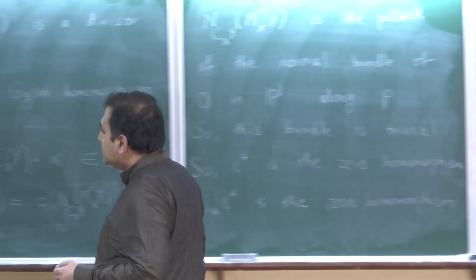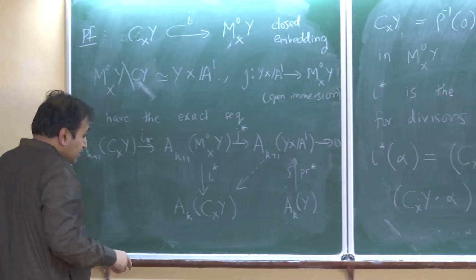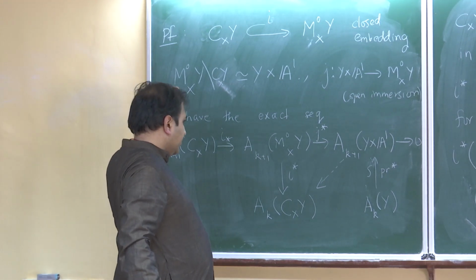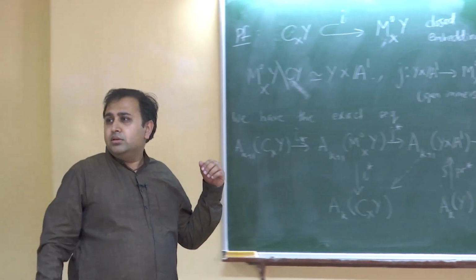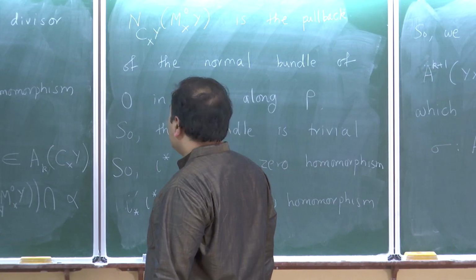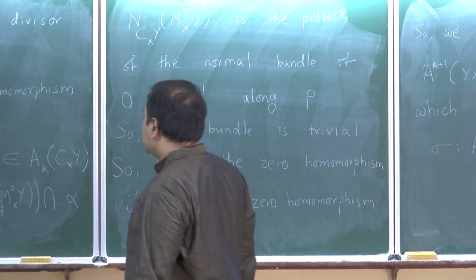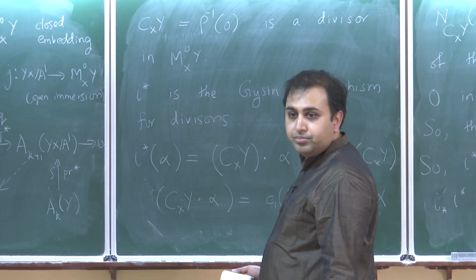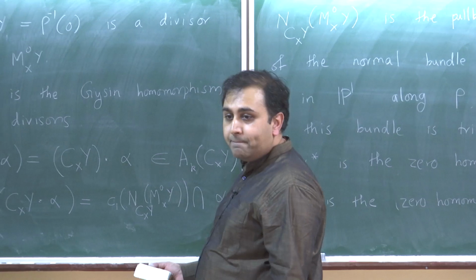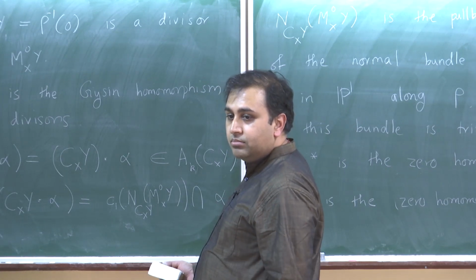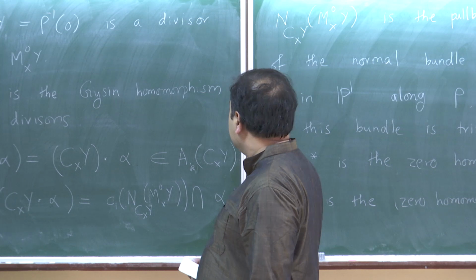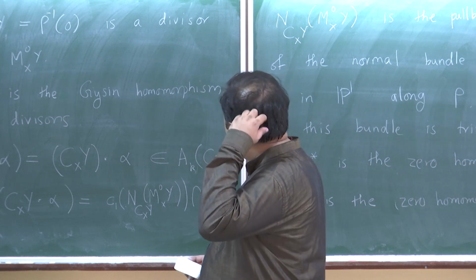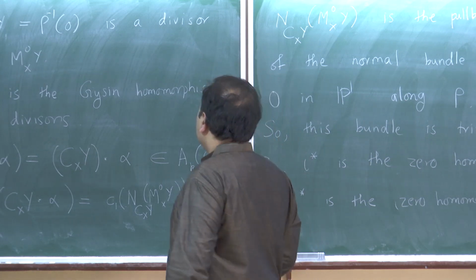Clearly this map cannot be 0. But why is the bundle trivial? Why should I have to start with the zero? The bundle is trivial on the point 0, so on the pre-inverse of 0, which is C_XY.